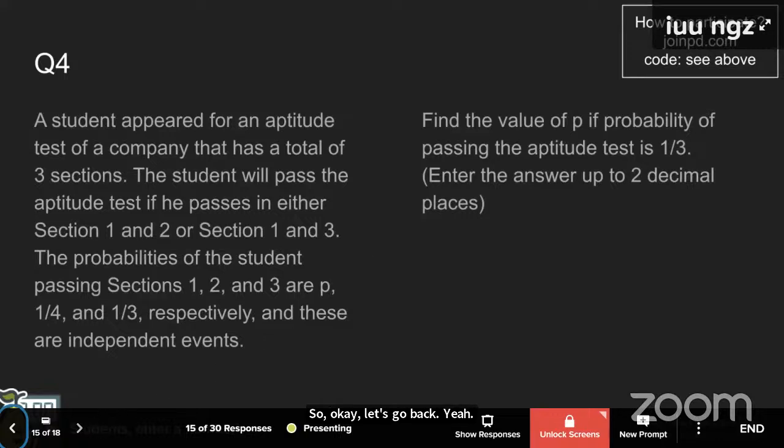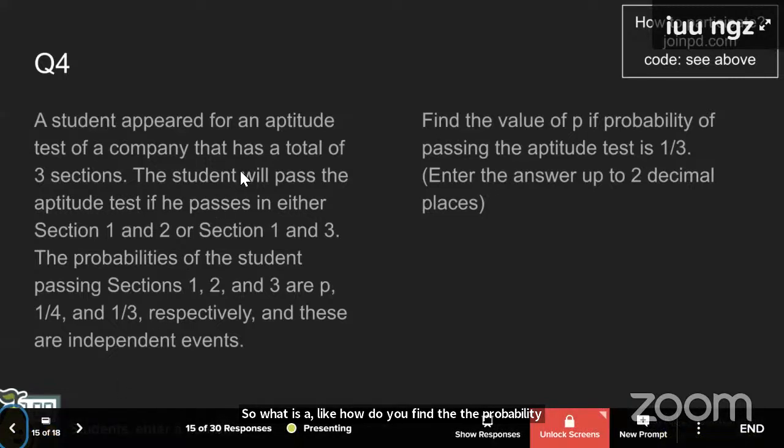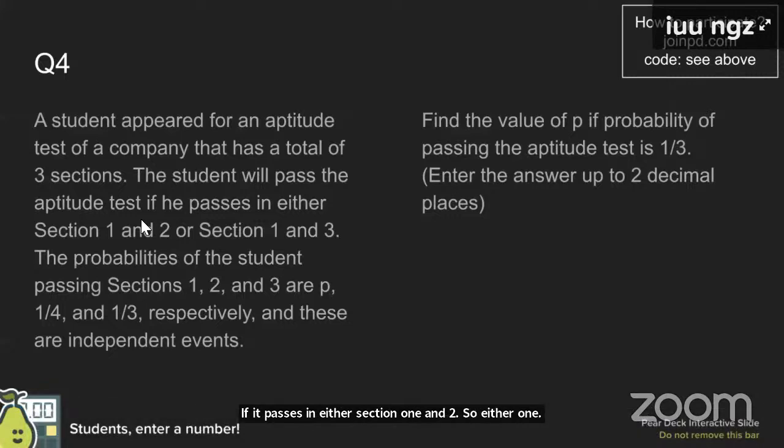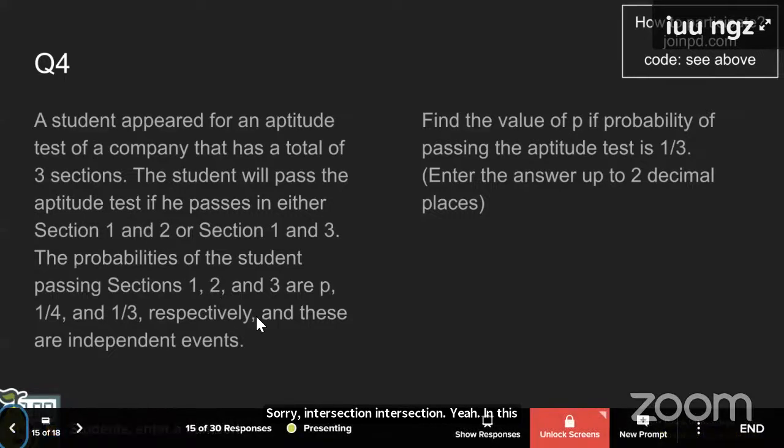How do you find the probability that a person passes the aptitude test? It is given that any student will pass the aptitude test if he passes either section 1 and 2, or section 1 and 3. Intersection, sorry, yes: 1 intersection 2 or 1 intersection 3, right?